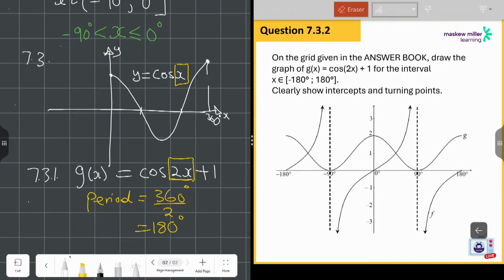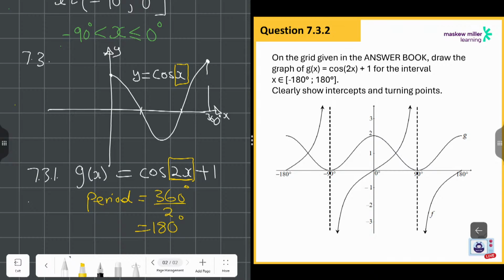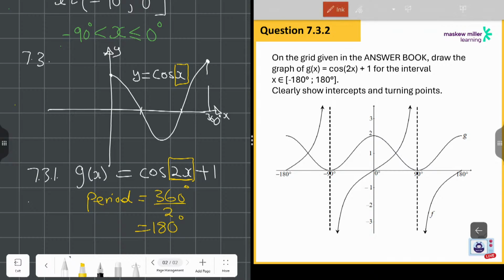The graph would have gone this way, start here, come here, and then go down, touch there, and then go up like that, and then it would have come here and corresponded with the one like that. So that's how the graph would have looked.